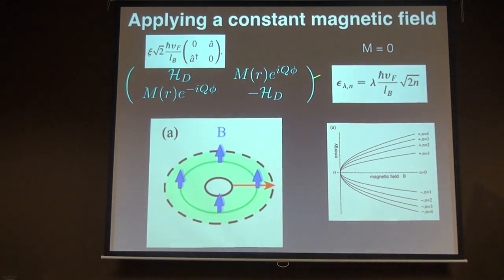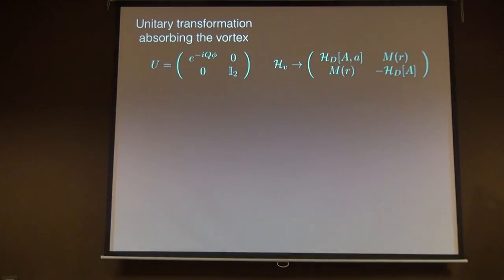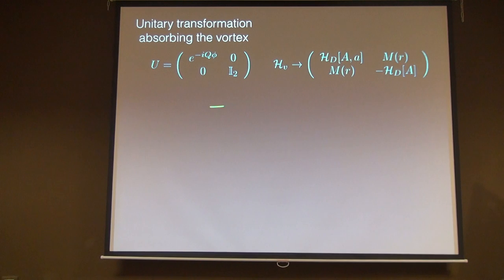But what about when we consider a vortex in this mass term? Actually, we can apply a simple unitary transformation that kills the vortex. The cost we pay is that we insert another flux into one of the components here.